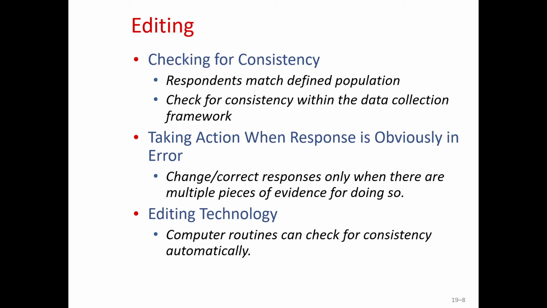Taking action when a response is obviously an error. What should the editor do? If solid evidence points to the fact that the respondent simply failed to check Los Angeles, then the response to the first question can be changed to indicate that the person shopped in that city as well. Los Angeles is not listed next to Sacramento or San Francisco, so it's unlikely that the respondent checked the wrong city inadvertently.